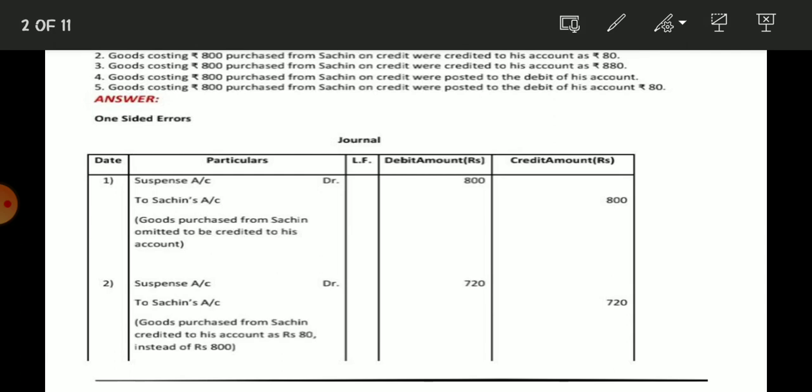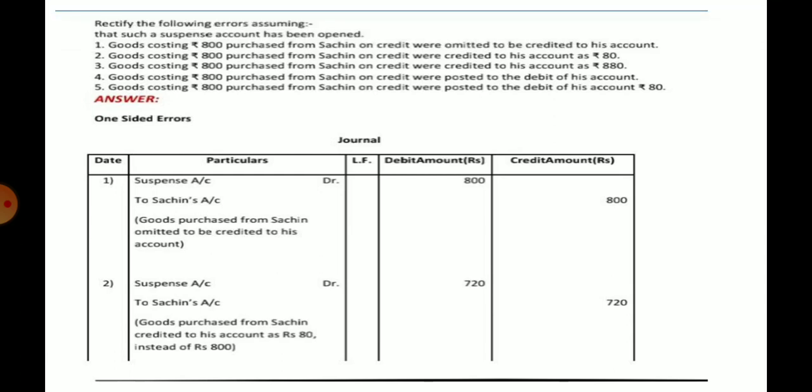So the entry of this transaction will be: we have to enter purchase to Sachin, but it is not credited in Sachin's account. So first of all we have to credit Sachin's account, and on the debit side we will open the suspense account for 800 rupees.